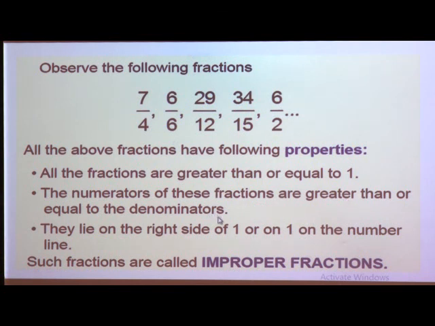Okay. Sometimes it is like 6 by 6, the numerator and denominator are equal, and sometimes it is equal to or greater than the denominators. They lie on the right side of the 1 on the number line. Such fractions are called as improper fractions.